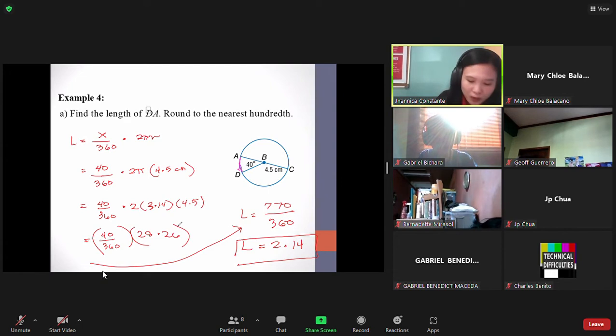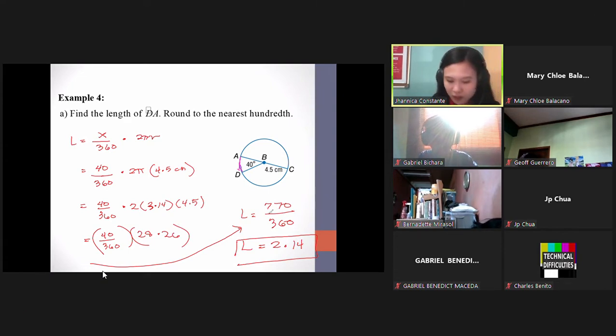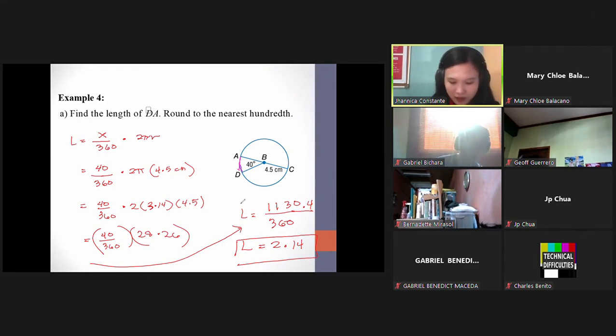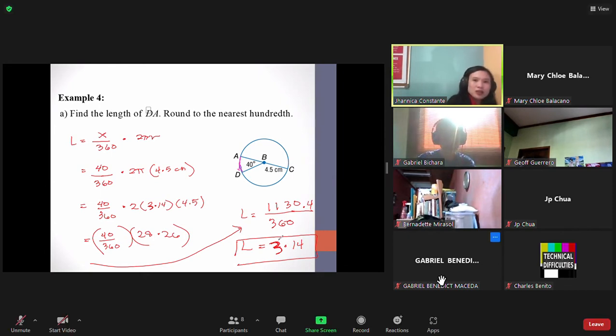So 28.26 times 40, which is equal to 1,130.4 divided by 360, which is equal to 3.14. So that's the length of the arc DA that we have in our circle.